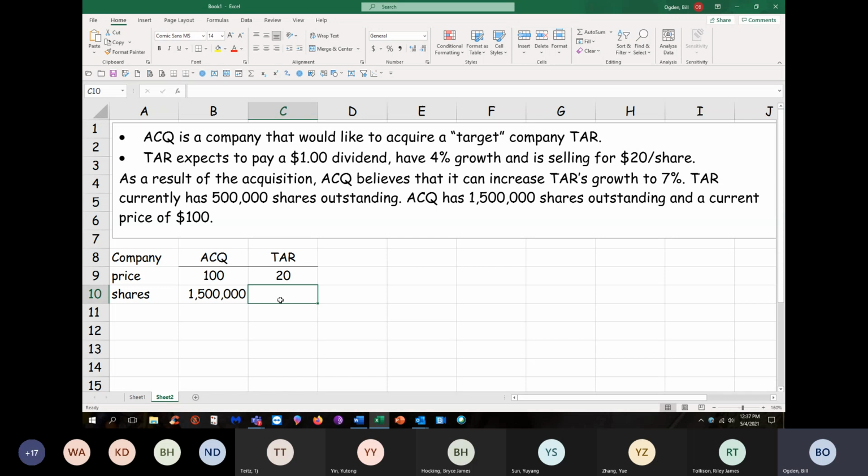And TAR is 500,000. All right, and let's continue with what we know. Next, dividend. We know the target will be paying $1. And let's do the growth rate.